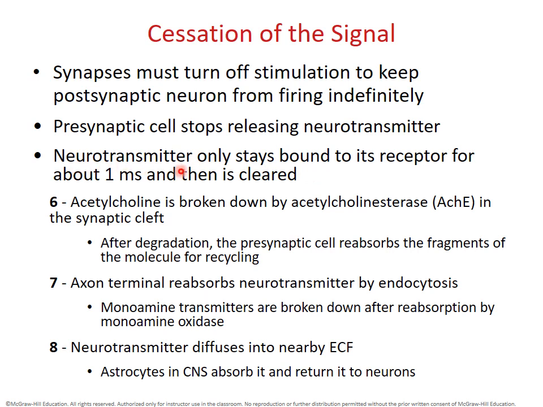Well, as you might remember, neurotransmitter, when it binds to its receptor, doesn't bind permanently. It binds for a very short period of time, stimulates the receptor, and then is released. When I say a very short period of time, it's about 1 millisecond. So a neurotransmitter, say acetylcholine, will bind to its acetylcholine receptor, and then about a millisecond later is released.